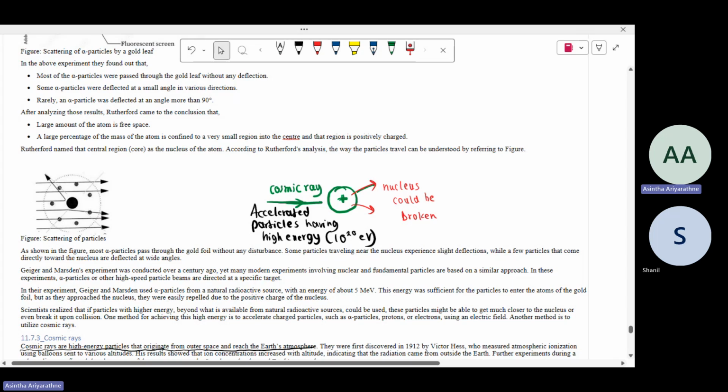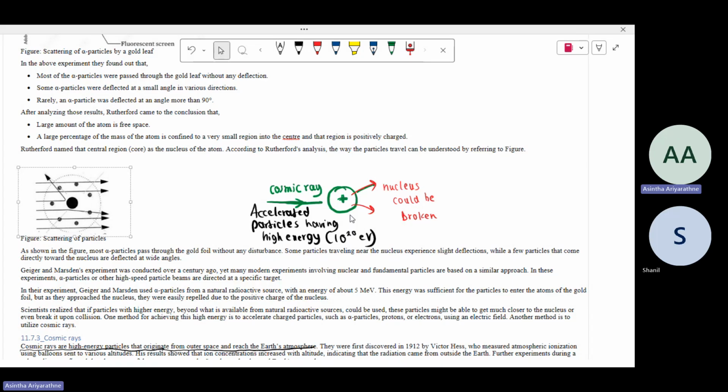So linear or circular accelerators are there to obtain these highly accelerated particles. Then, using them, the nucleus could be broken into more fundamental particles, and those could be detected.